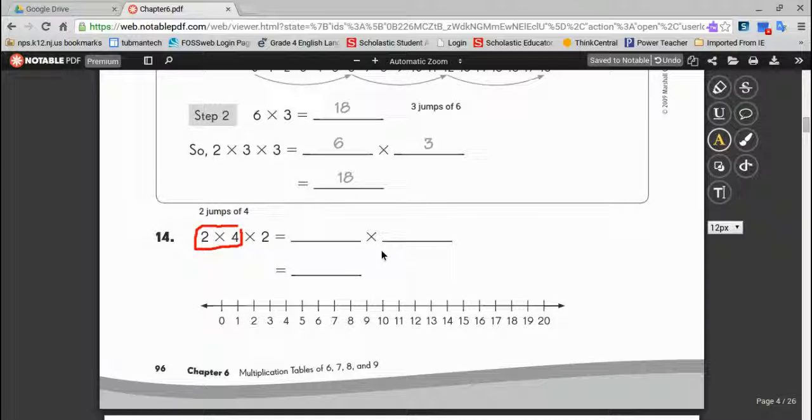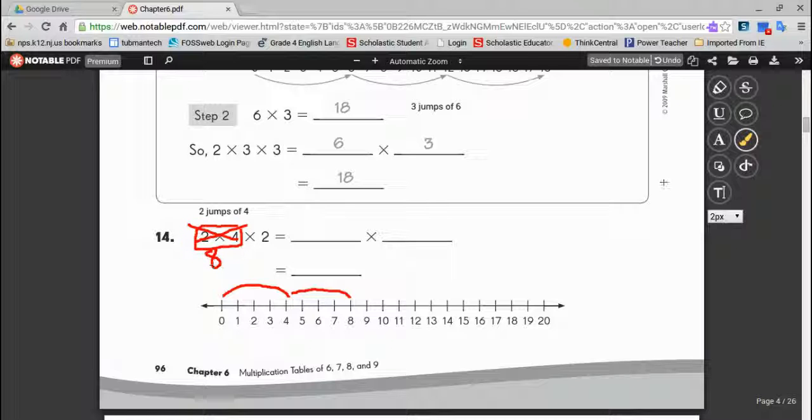Okay, so let's first do our 2 jumps of 4. Start at 0. Here's my first jump. 1, 2, 3, 4. Then I'm going to jump 4 again. 1, 2, 3, 4 to 8. And here, 2 times 4 equals, we'll cross this out now. 2 times 4 equals 8.